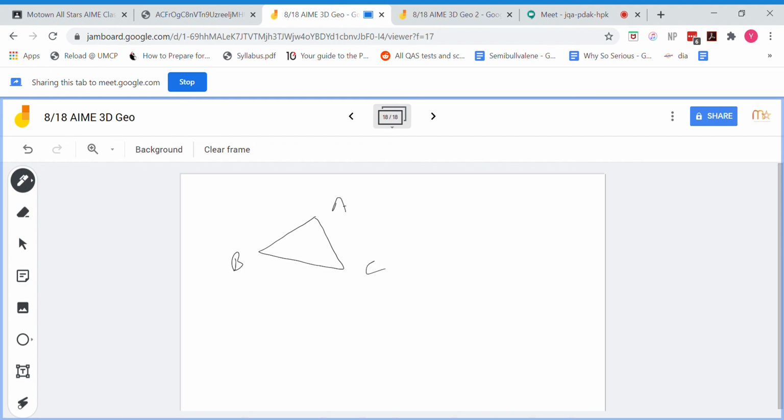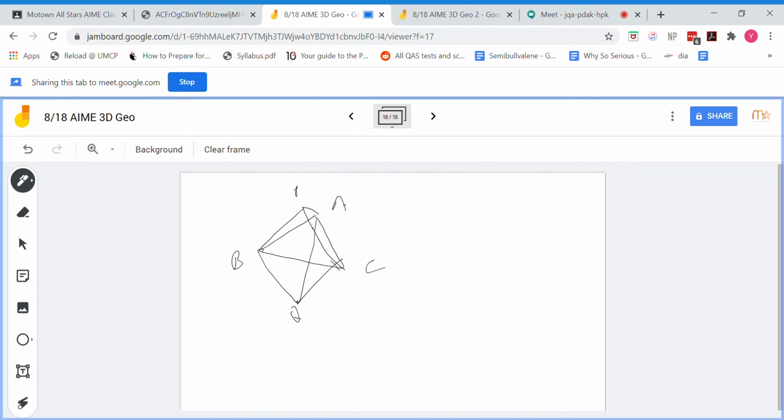Alright, anyway, so P is somewhere up here. And we have the constraint that PA equals PB equals PC. And Q is down here with the same constraint. Right? So what does that tell us about P and Q?